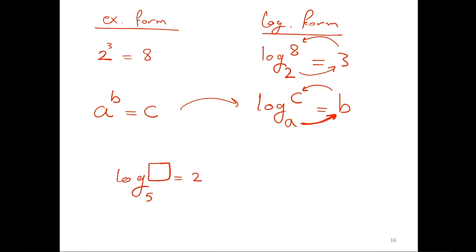Wait, not multiply, to the power. 5 to the power 2, so we have 5 to the power 2. This is the value inside the logarithm. So we have 25. Okay? 5 squared equals 25.